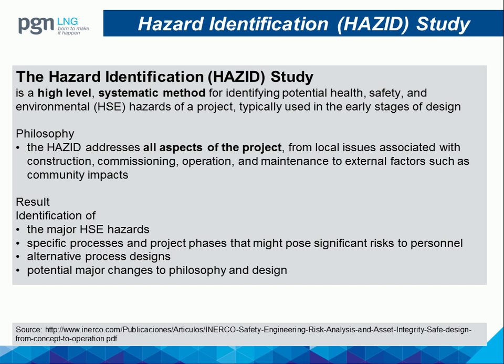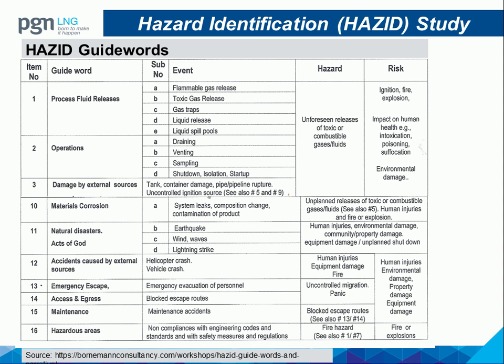So are there any alternative process designs? And at the end, whether there would be potential major changes to philosophy and design that would be the result of the HAZID.